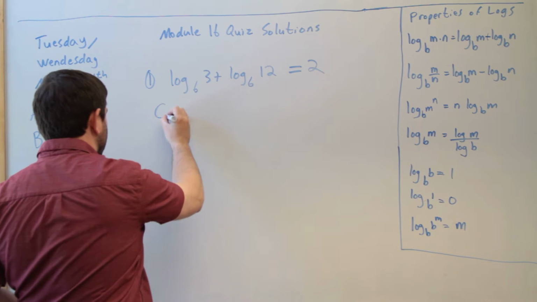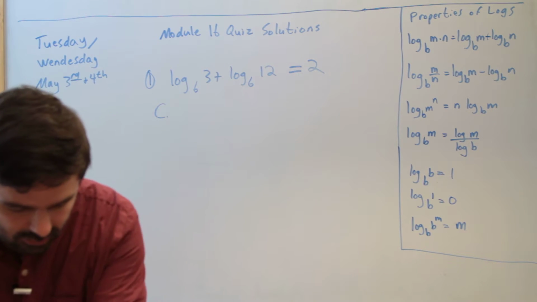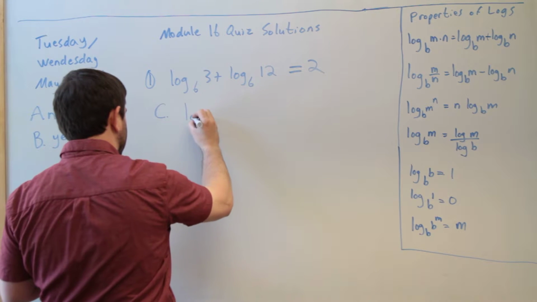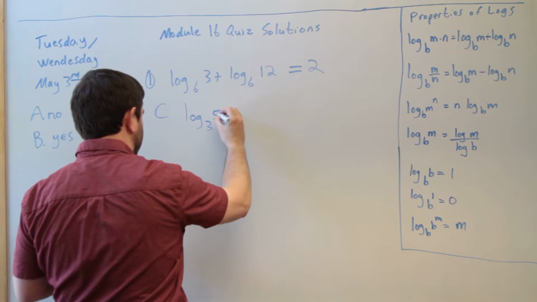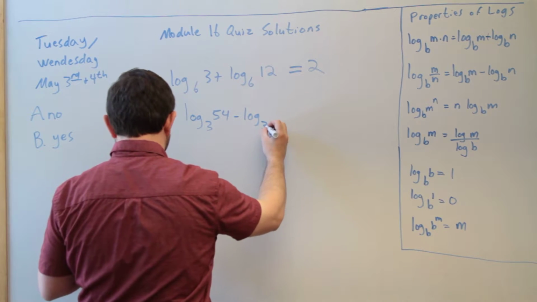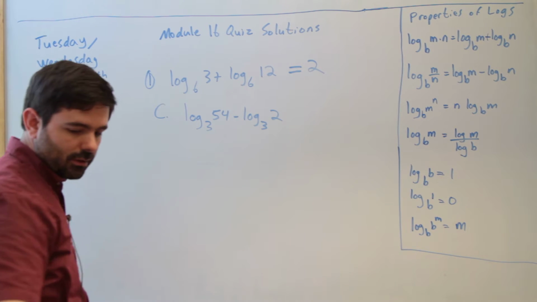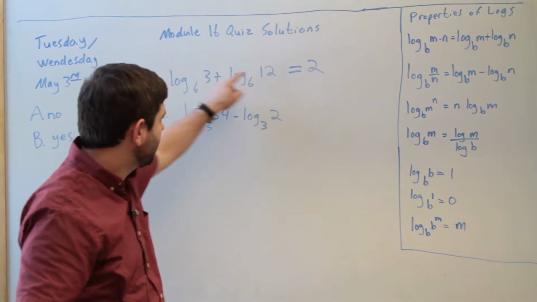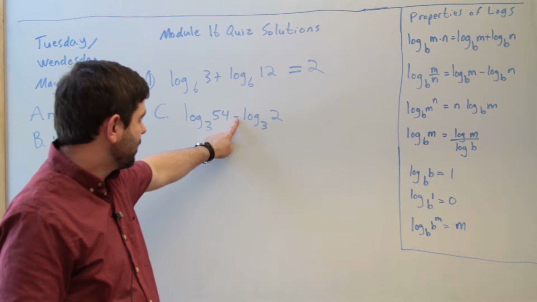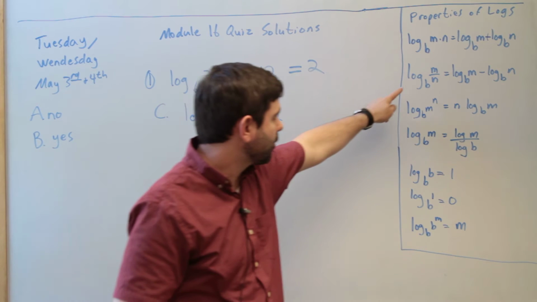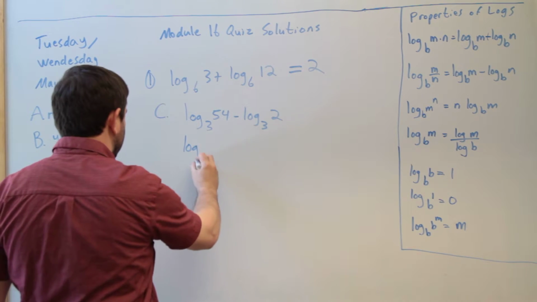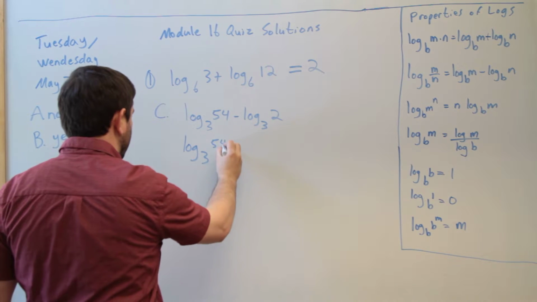C. We are asked to find if log base 3 of 54 minus log base 3 of 2 is equivalent to this expression, if it equals 2. I see a subtraction, so we are going to use our quotient property again. We'll have log base 3 of 54 divided by 2.